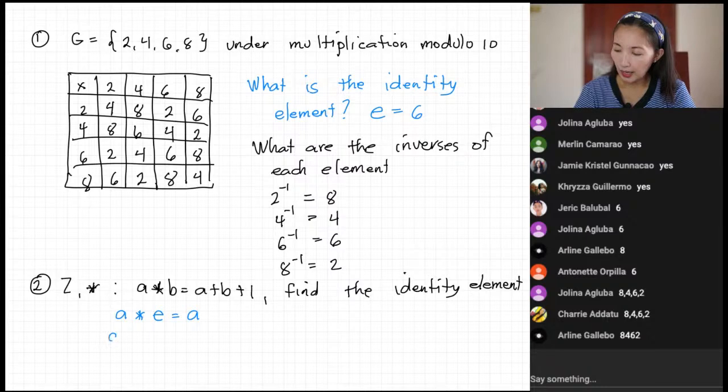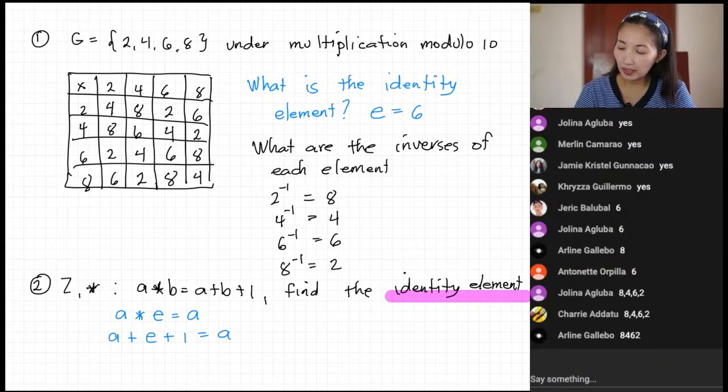A plus E plus 1, because that's the definition of the operation star. Get the sum A plus E plus 1 equals A. What are we looking for? Take note that this asks for the identity element.